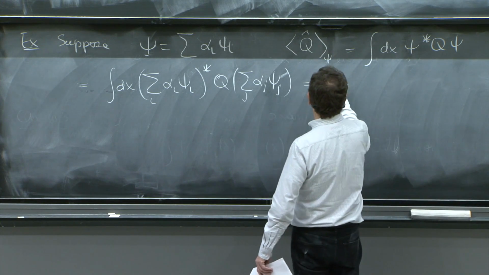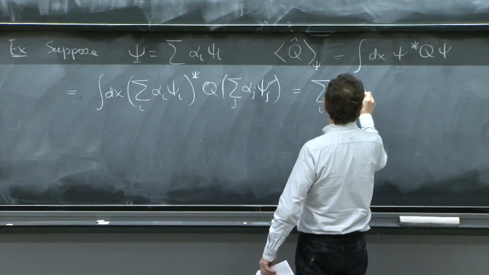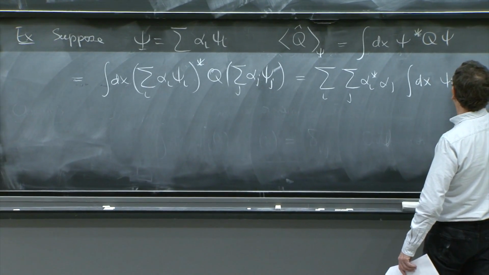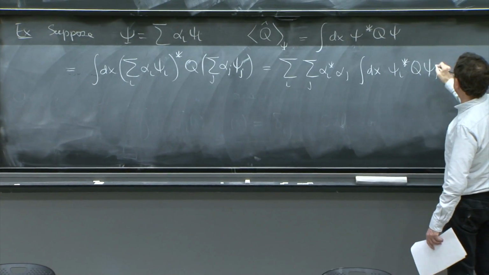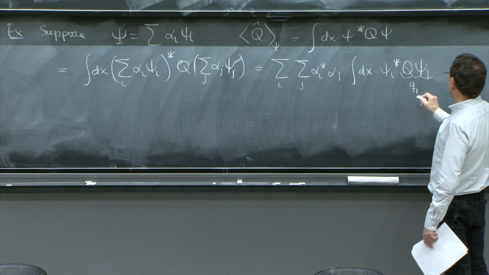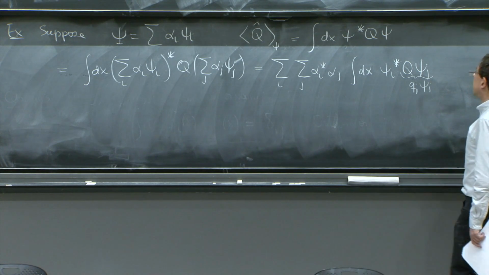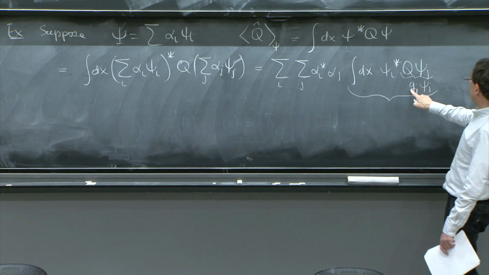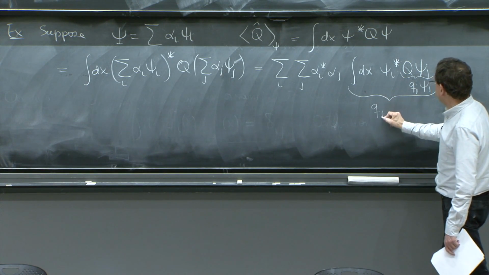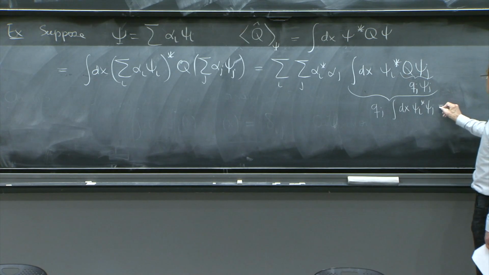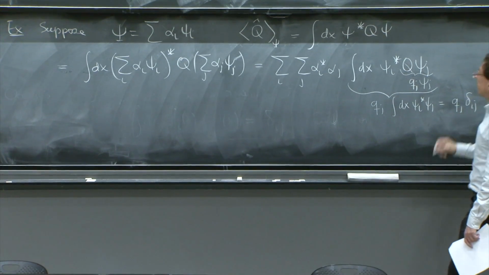This is equal to sum over i, sum over j, alpha_i star alpha_j integral dx psi_i star Q psi_j, but Q psi_j is equal to q_j psi_j, and therefore this whole thing is equal to q_j times the integral dx of psi_i star psi_j, which is q_j delta_ij.